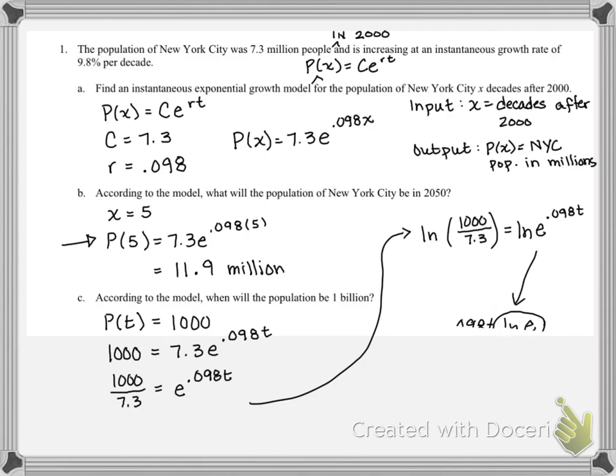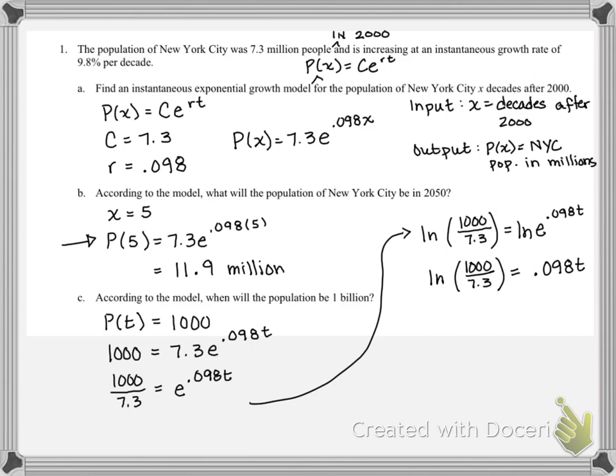But you certainly don't have to write that if you remember that the natural log and e just undo one another. And so we get natural log of 1,000 over 7.3 equals 0.098 t.